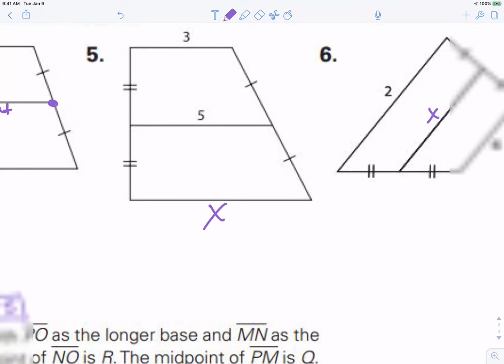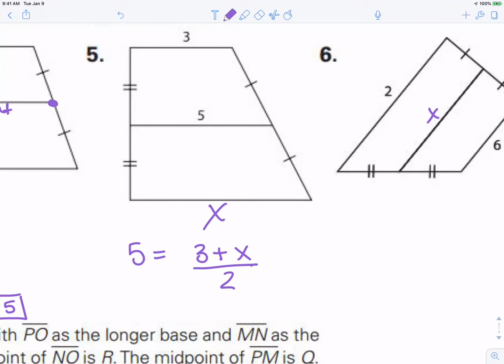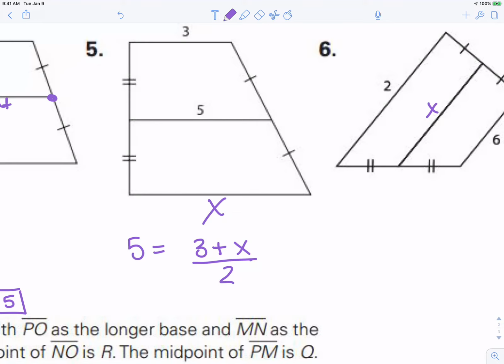Second one, mid-segment is 5, so 5 equals base 1 plus base 2 divided by 2. Again, a lot of you will probably be able to spot the answer. These are very basic examples, but your homework is going to have something like x plus 5 and 3x and x plus 62, so it's going to be a lot more complex on your homework assignment.